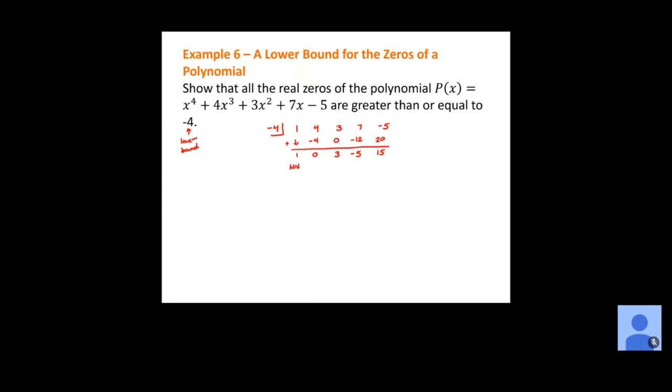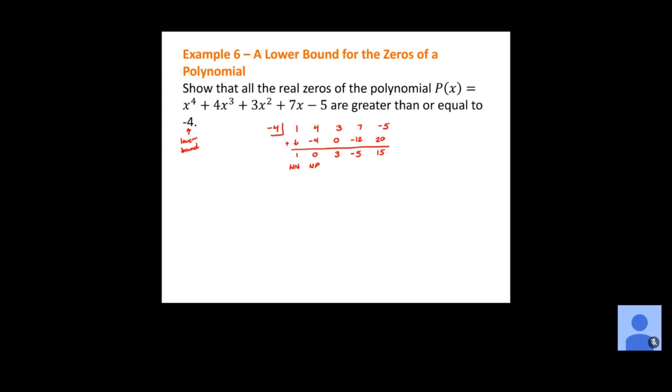We need this to alternate, right? If we're trying to show this is a lower bound. 0 could go either way, but what are we going to call 0 this time so that it alternates? Non-positive, right? Again, whenever you have a 0, you get to choose whether it's non-positive or non-negative. We want to show this is a lower bound, so we're going to call it non-positive.